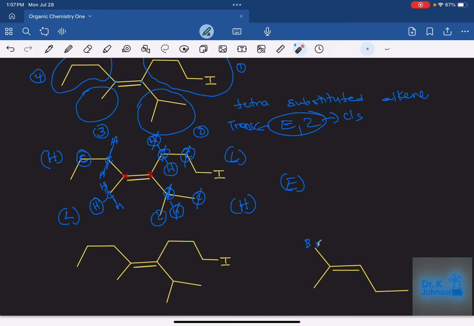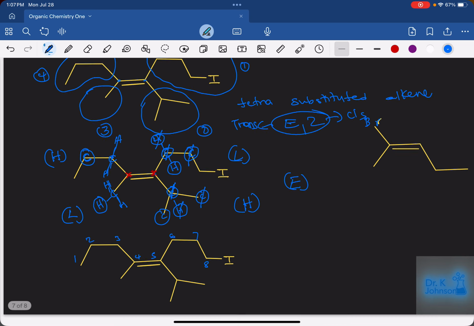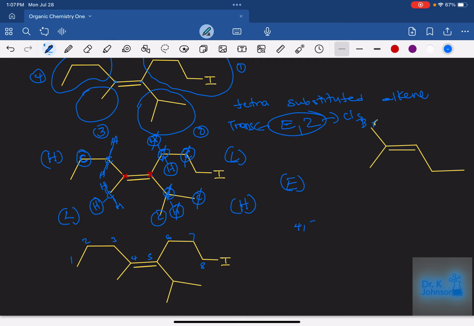Okay. Now I'm gonna play with something here just to show you something. If I number 1, 2, 3, 4, 5, 6, 7, 8, right? Let's talk about where your double bond is and where your substituents are. Here, with my blue numbers right now, your double bond is between 4, 5.